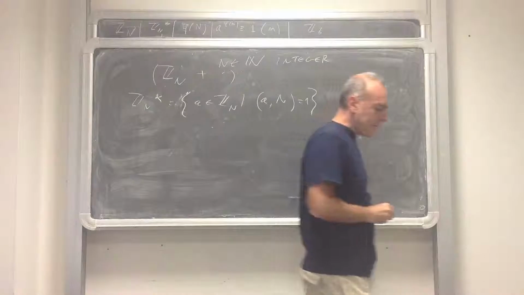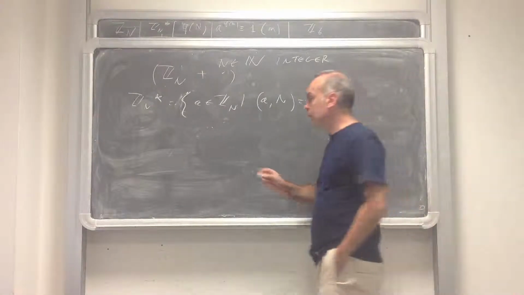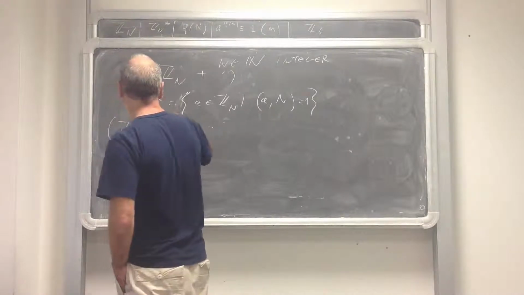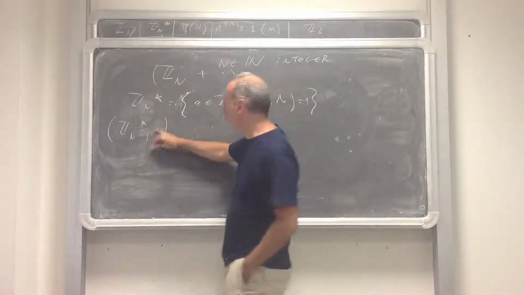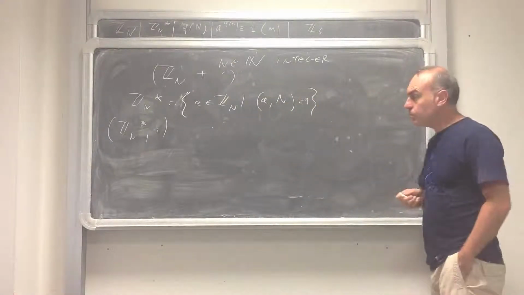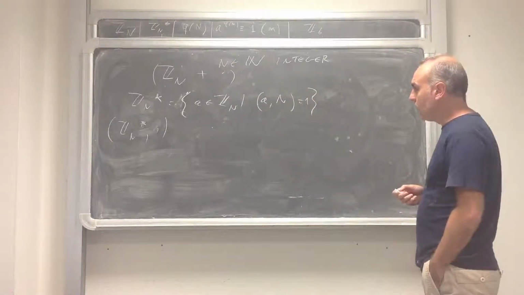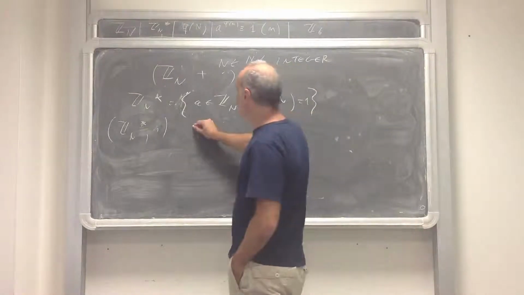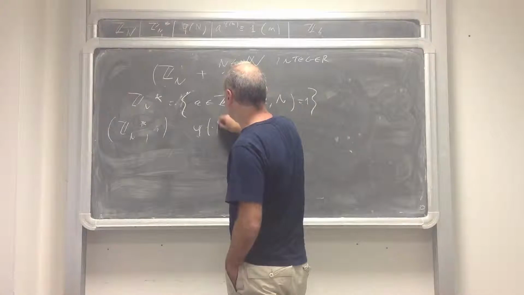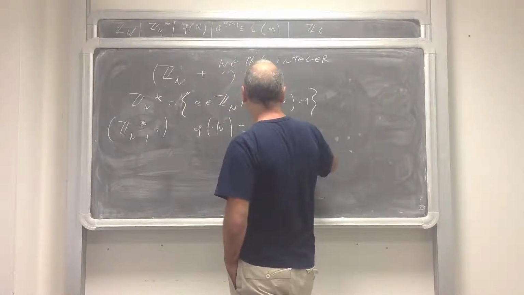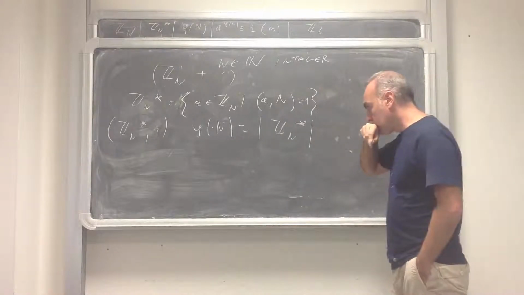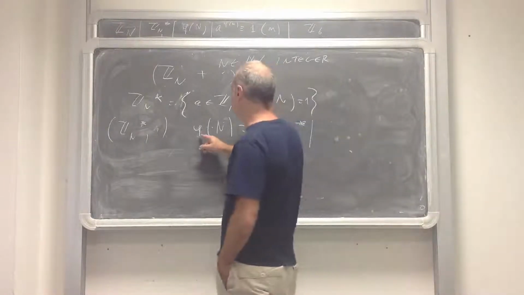Now, Zn star is a group with respect to the multiplication. The number of elements is called phi of n, the number of elements of Zn star. This is also called the Euler function.